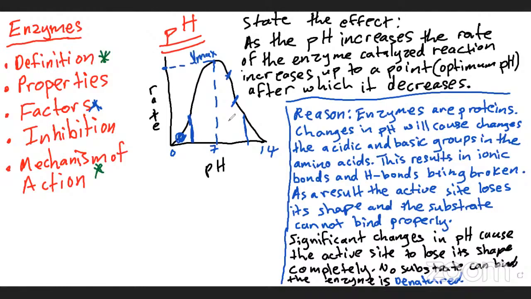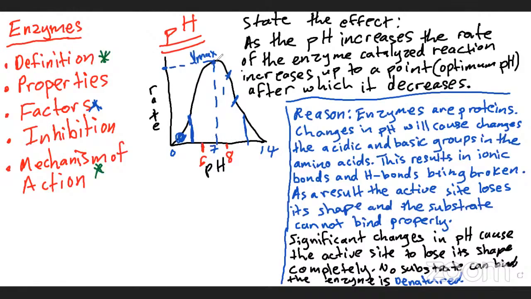And for a pH graph, the best way to view it in terms of understanding it is to start from up here. So start from pH 7, all right? pH 7 is the maximum. When you go to pH 6, you're moving away from the optimum. When you go to pH 8, you're moving away from the optimum.